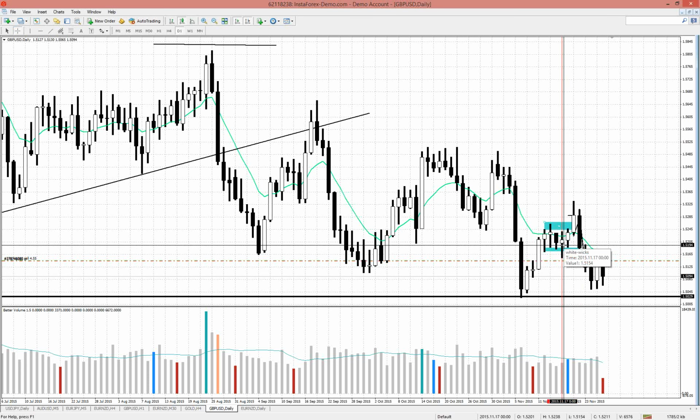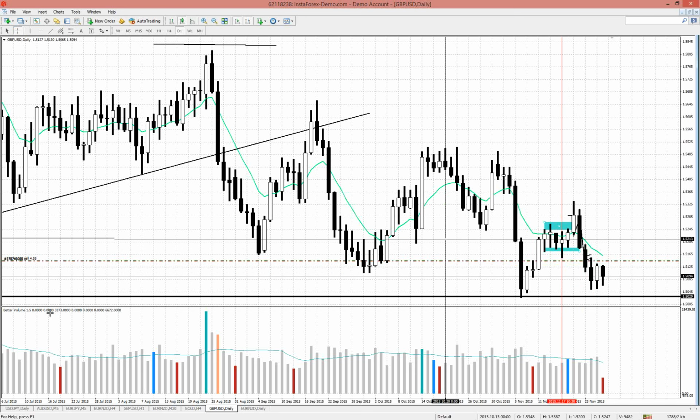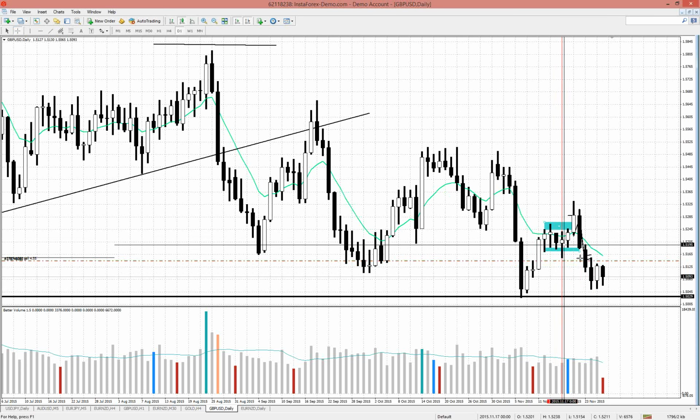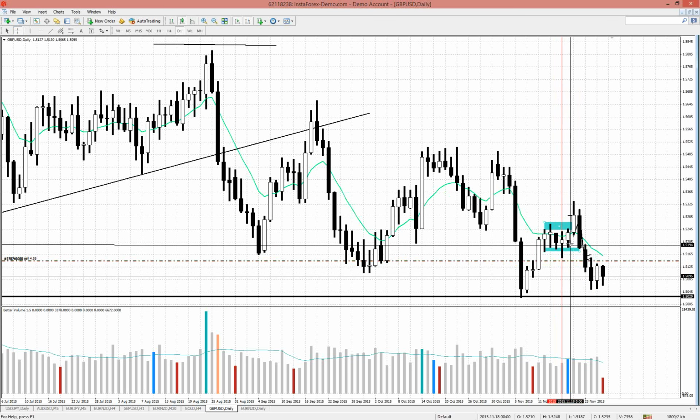This is a daily bar, how does it look to you? Is it bearish? Is it bullish? Or what is it? Write in the chat. Anyone?